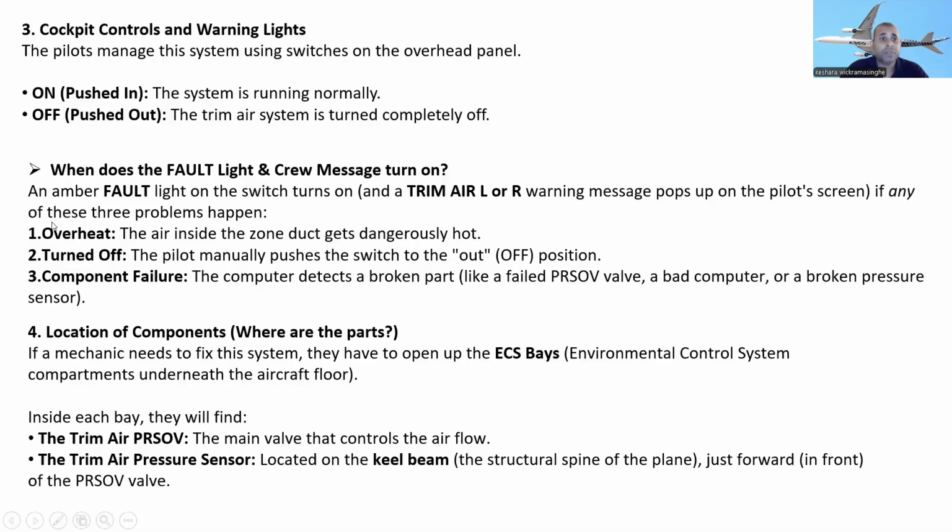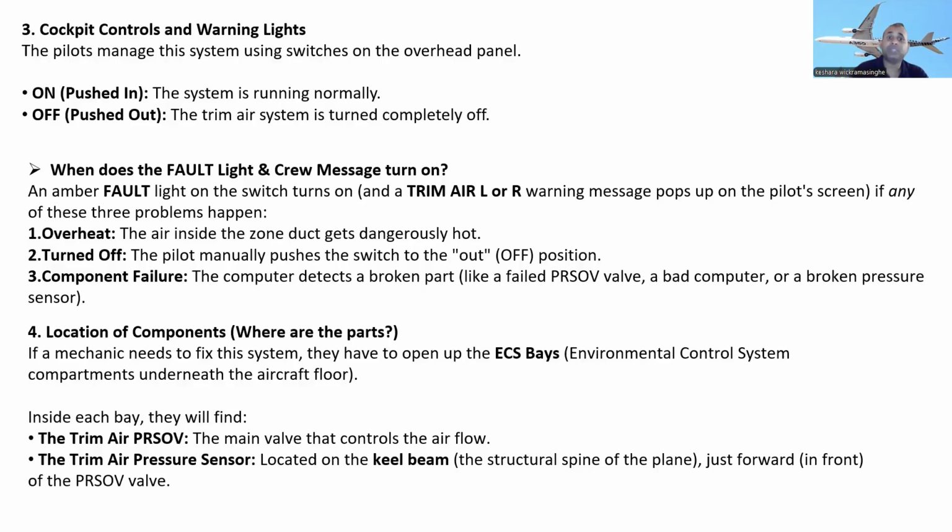So an amber fault light will be on, and a trim air left or right warning message pops up on the pilot screen for overheat, turn off, or component failure. Overheat means the air inside the zone duct gets dangerously hot.